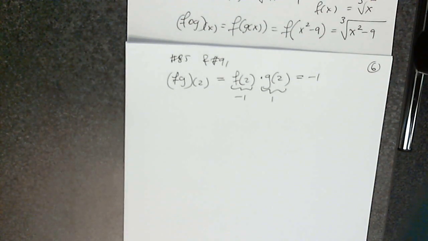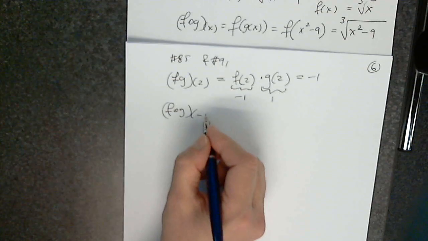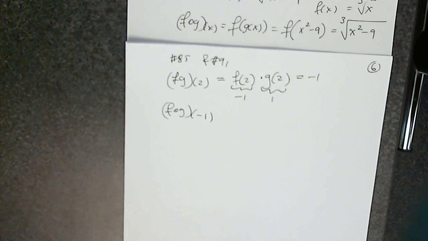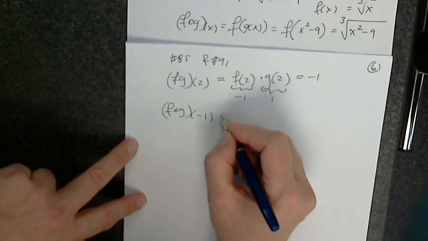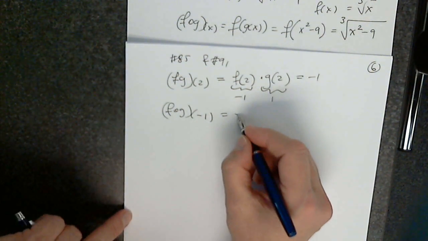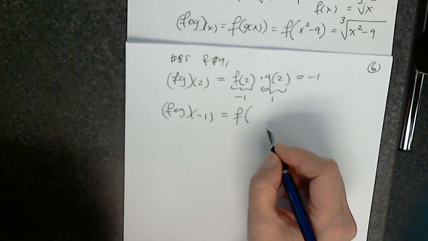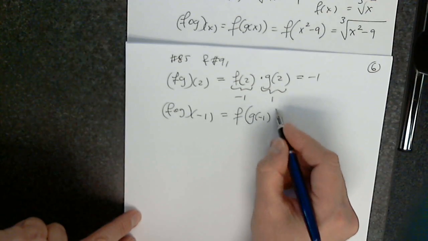Let's look at 91 now, at the bottom graph. F comp g of negative 1. First, the definition. What do I have to write before I even look at any graph? I have to write f of g of negative 1.